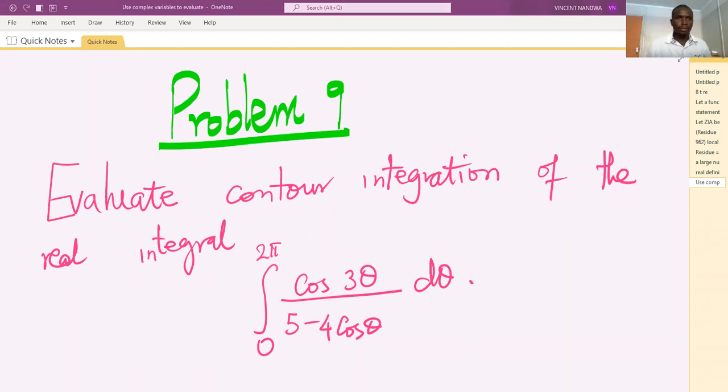So let's see how we solve this problem 9. As usual, the first step is to change the integrand into variable z.